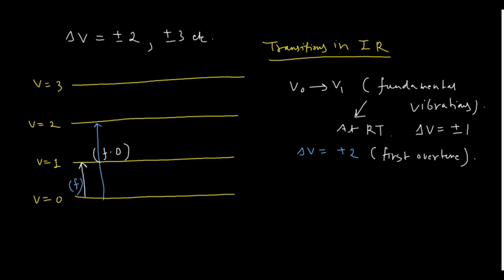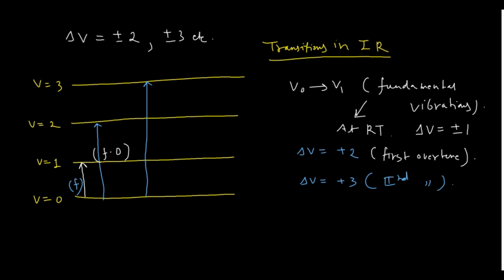And it may also happen that the transition goes from here to here, that means del V equals plus 3. When this happens, you will get your second overtone. Similarly, you may have the third overtone, fourth overtone, right? But there is not much importance of these higher-order overtones.